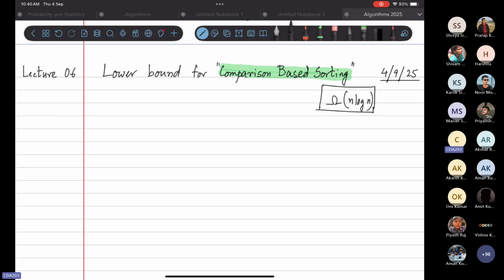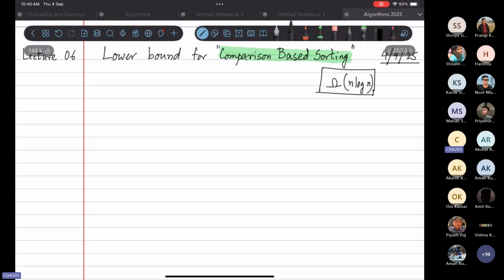So is this okay now? I've removed it from this main screen. Okay, so let's come back to what we're discussing.